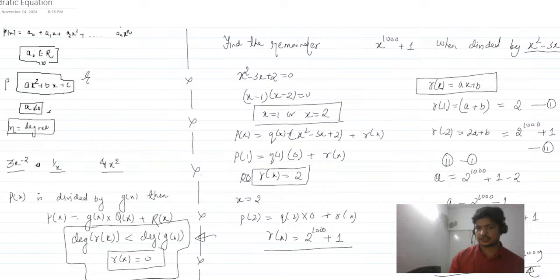Find the remainder when x to the power 50 plus x plus 1 is divided by x minus 2 and x plus 1.